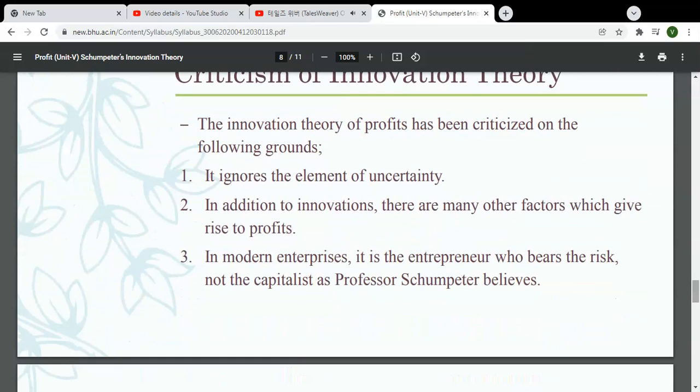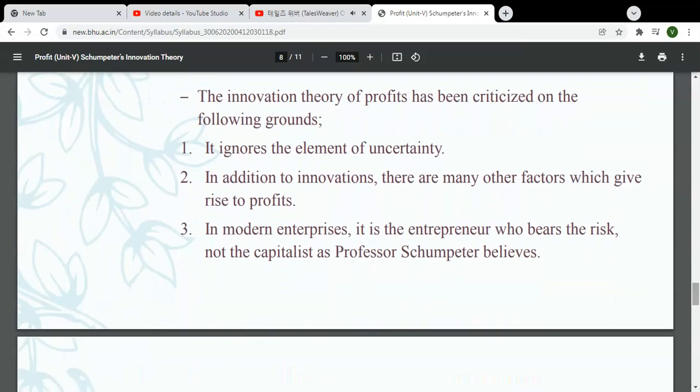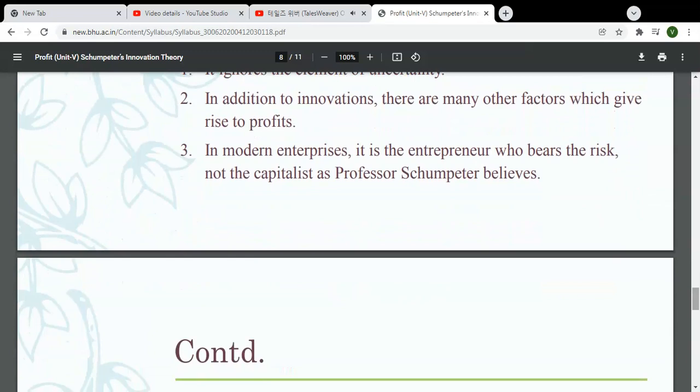Then the innovation theory of profits has been criticized as having no element of uncertainty. We don't think that's actually a criticism, because no theory can explain uncertainty. Another criticism is that in addition to innovations, there are many other factors which give rise to profits. But this is also not a criticism. Even though there may be many other factors, we cannot explain all the factors which lead to profits.